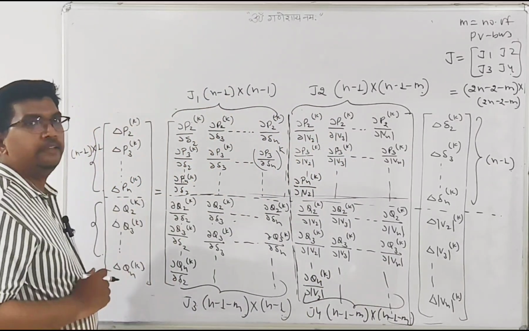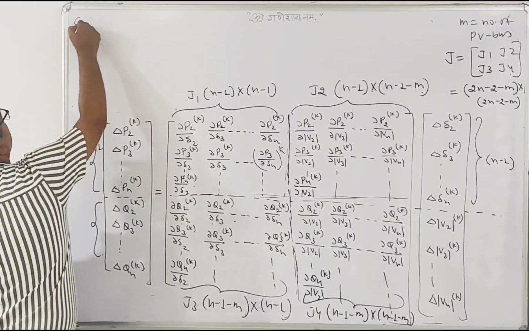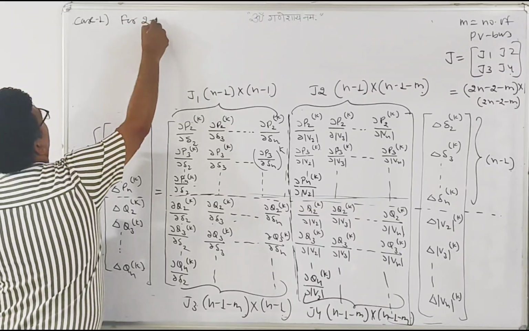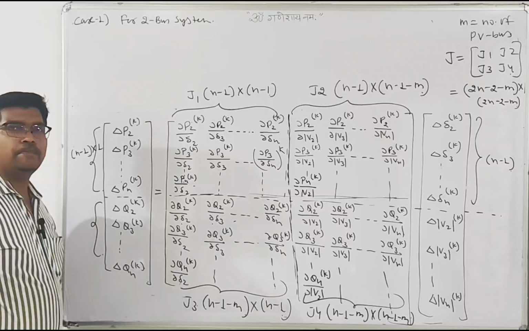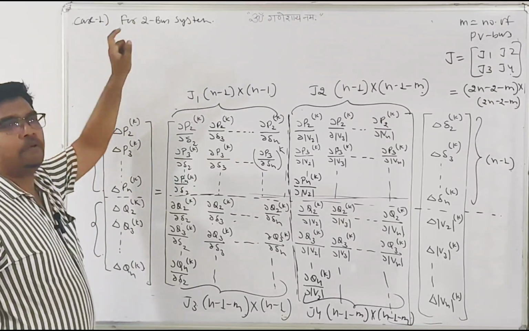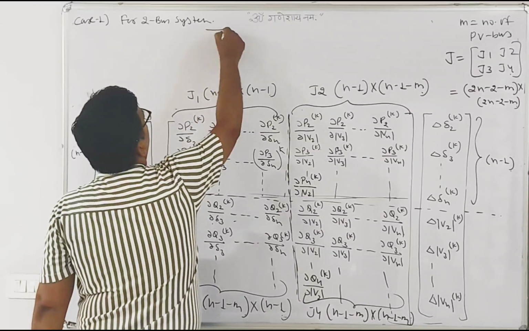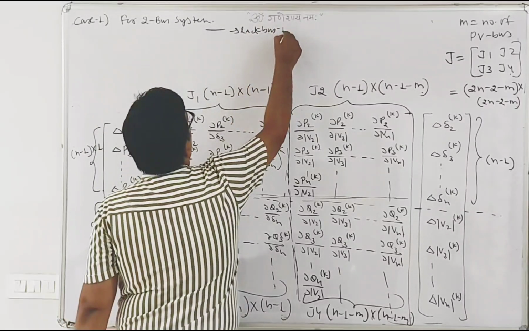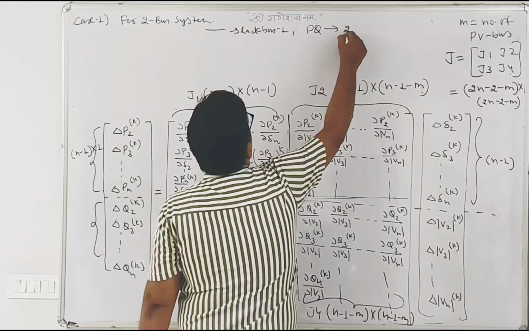Now, how will we deal with this problem? See here. For example, we will first take the case of a 2-bus system. We have taken a very simple problem with only 2 buses, and one of them is the slack bus. In the 2-bus system, the slack bus is bus 1 and the PQ bus is number 2.